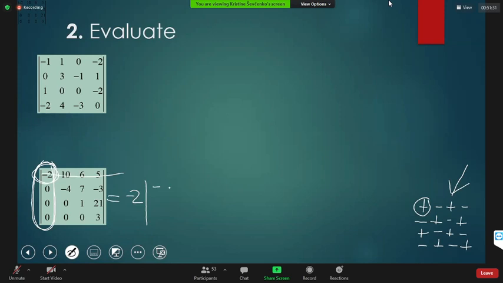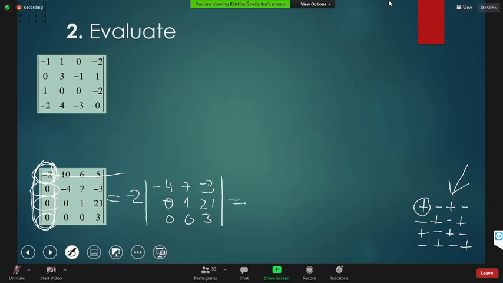So that would be minus 4, 7, minus 3, 0, 1, 21, 0, 0, 3. And then it would be minus 0 times something, plus 0 times something, minus 0 times something, but we don't need to write all those zeros now.